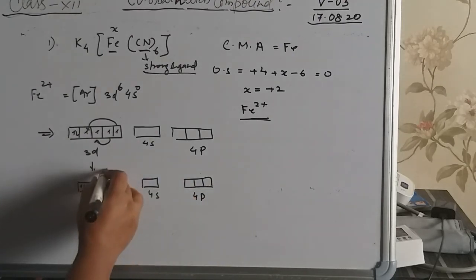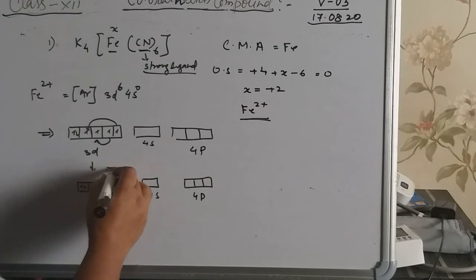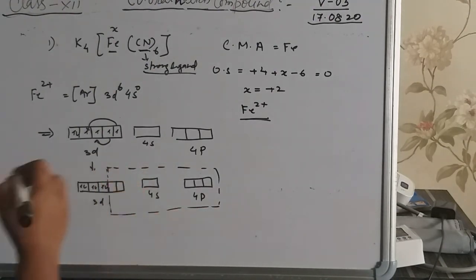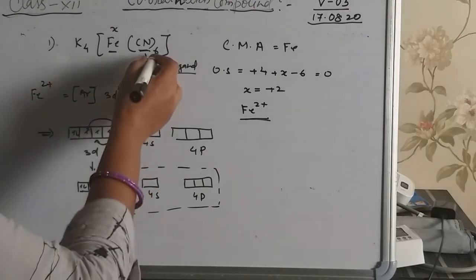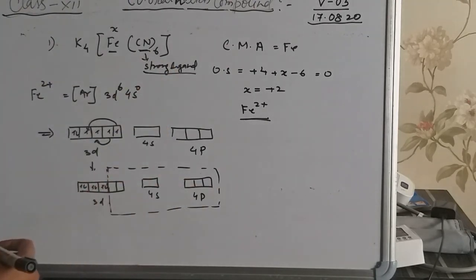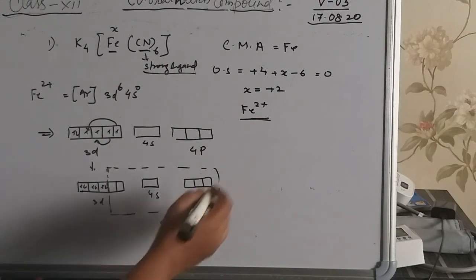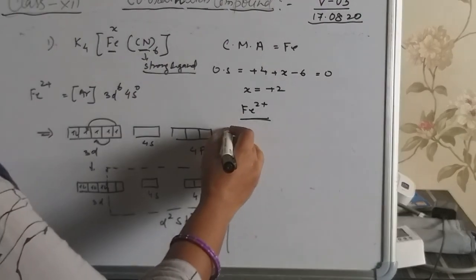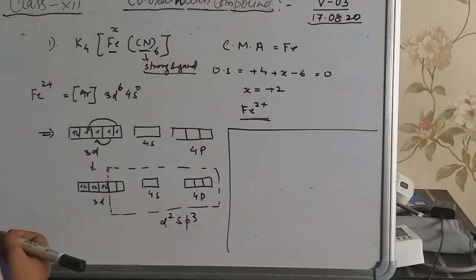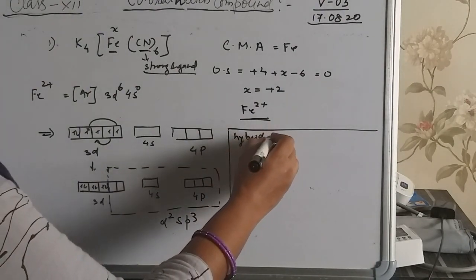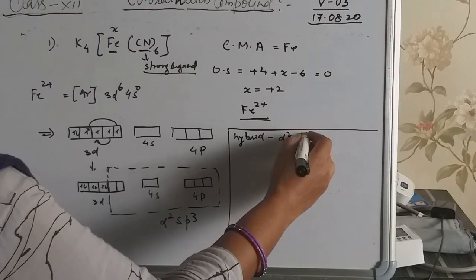Now the 6 CN make the bond, total 6, so 6 orbitals are available for the complex, d2 and the hybridization is d2sp3. So on this basis you can find out all the information about this complex. At first, what will be the hybridization of this compound? So it is d2sp3.